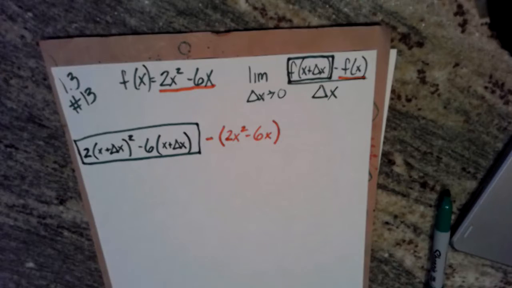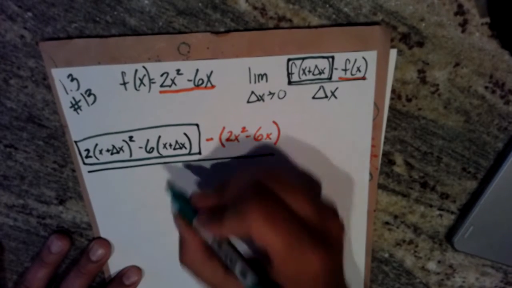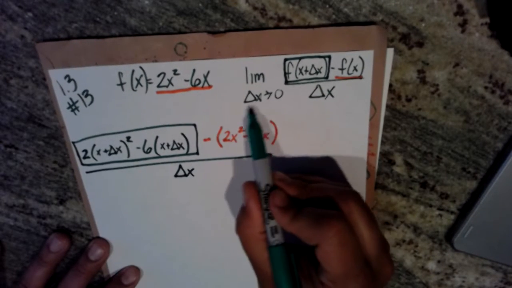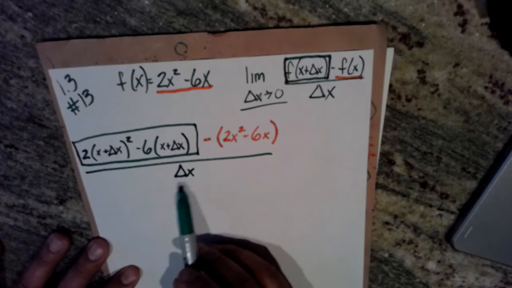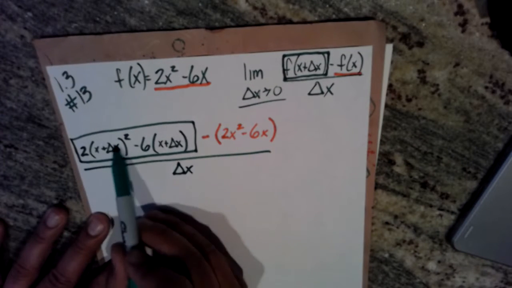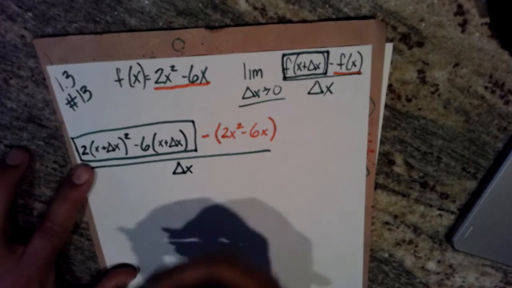Okay? And then we want to take all that and put it over delta x. And we want to take the limit as delta x approaches 0. That's why we can't just plug in a 0 for my delta x, because you got a 0 in the denominator. Okay? So we have to do our algebra.